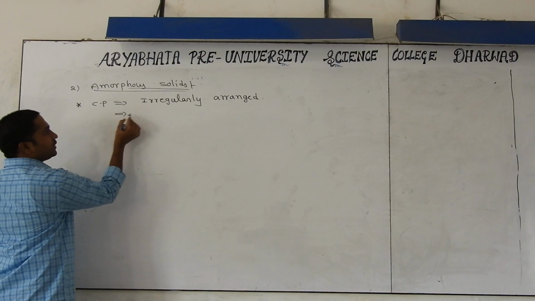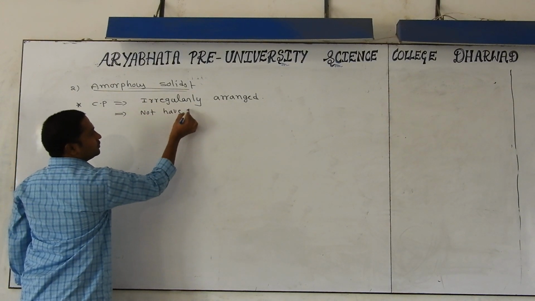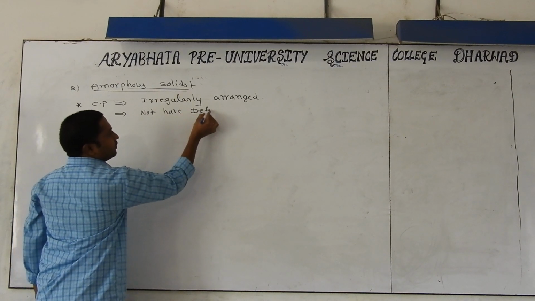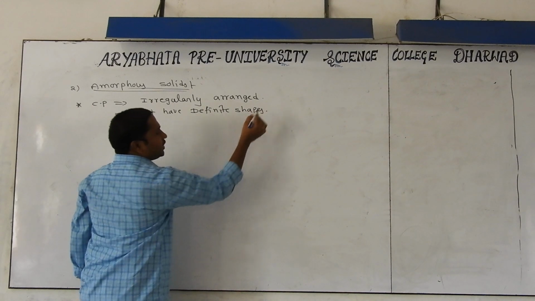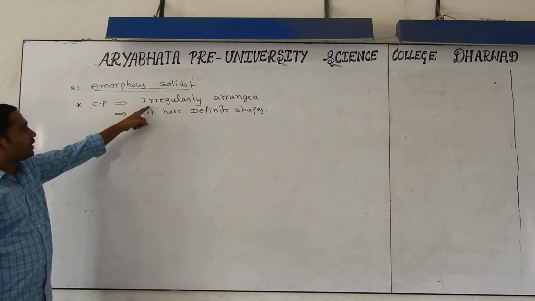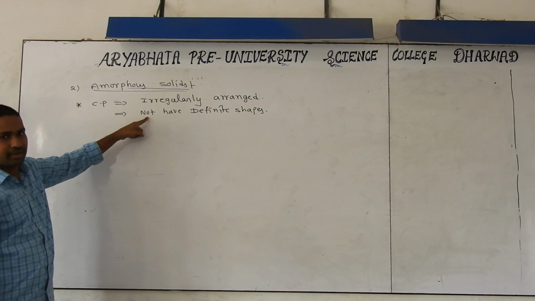Mathematically, what is happening? They do not have a definite shape. This is the reason: amorphous solids have an irregular arrangement of the constituent particles, and due to that reason they do not have definite shapes.